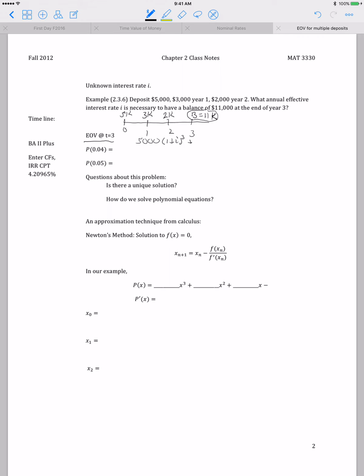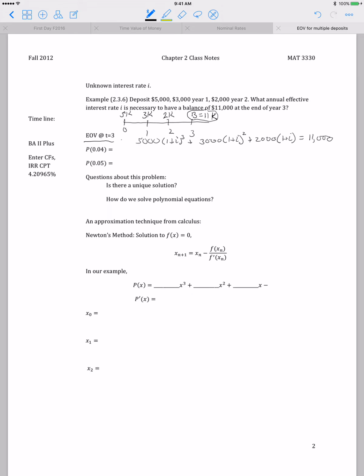That's our unknown. $3,000, we use the compound interest accumulation function and evaluate it at time 2. And $2,000 we accumulate for 1 year, and that has to be equal to the balance at time 3, which is $11,000. So that's my equation of value at time 3.